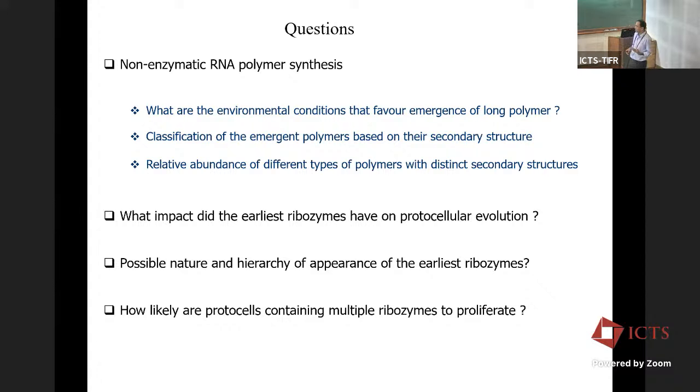So we also want to understand what impact the earliest ribozymes had on the protocellular evolution once they got encapsulated in these compartments, and the nature and hierarchy of these earliest ribozymes. So which was the most useful ribozyme to evolve first, and subsequently can we talk about a hierarchy of ribozymes of different functionality that arises inside these protocells, and then selection starts acting on these protocells.